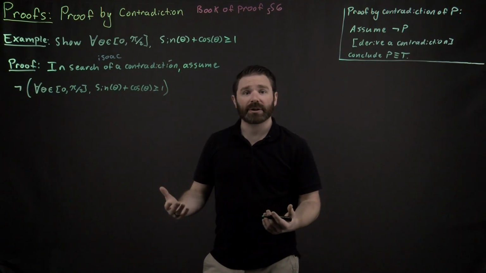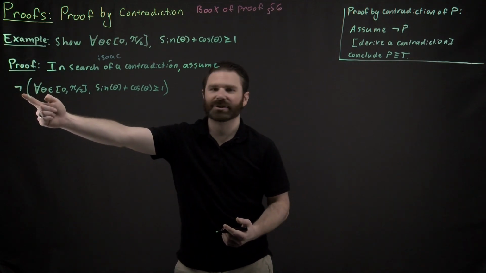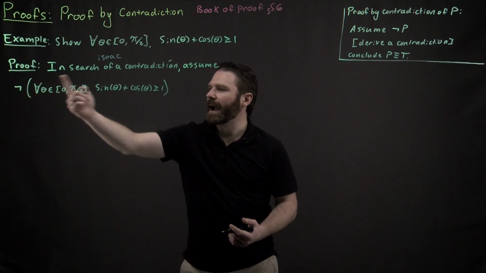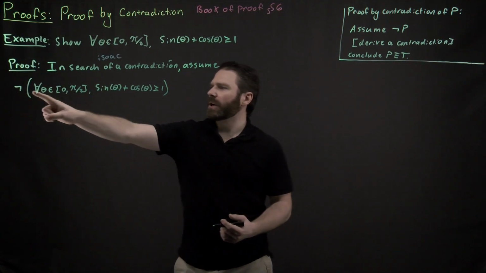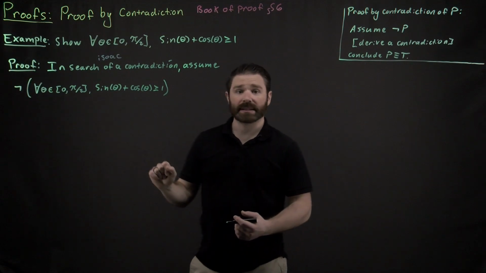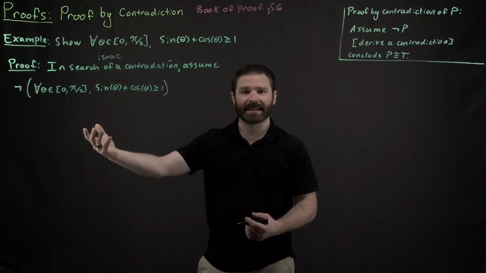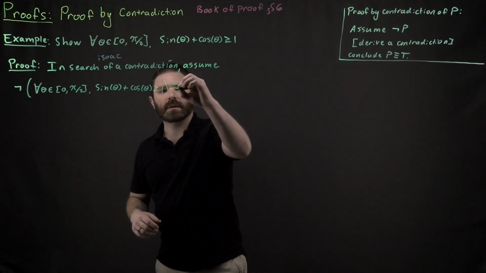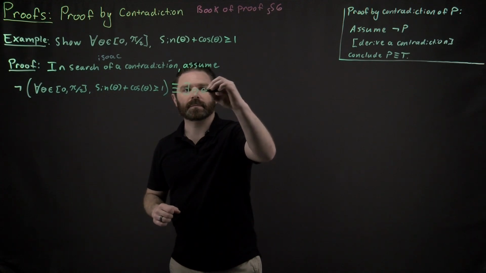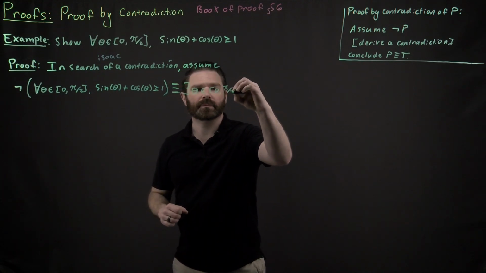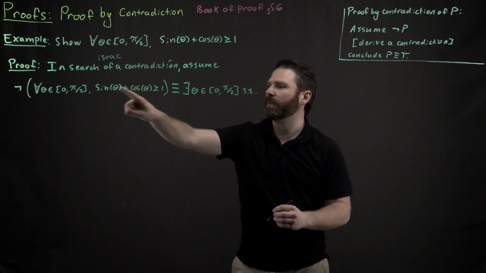And here, since I know how my quantifiers interact with my logical operators, I know how to take the negation of this statement. If I'm negating a for all statement, what I need to do is flip from this universal quantifier to an existential quantifier. So this is logically equivalent to, and then I need to negate this part.